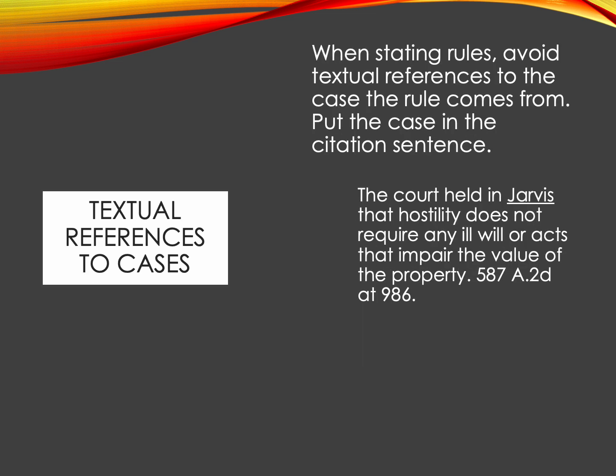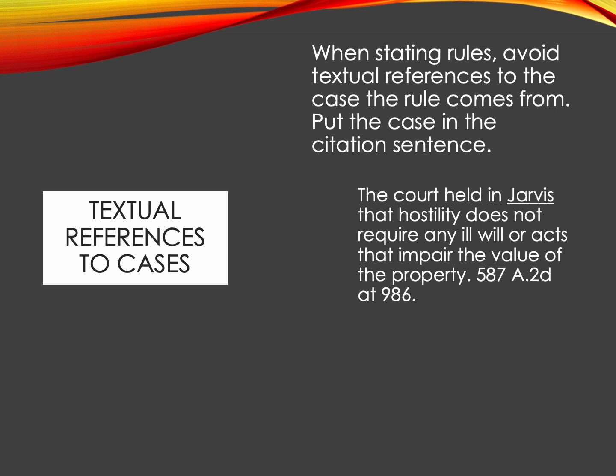When stating rules, avoid textual references to the case the rule comes from. You put the case in the citation sentence instead. So here's an example. The court held in Jarvis that hostility does not require any ill will or acts that impair the value of the property. I probably would not do that because I feel that I can convey the Jarvis part through the citation.